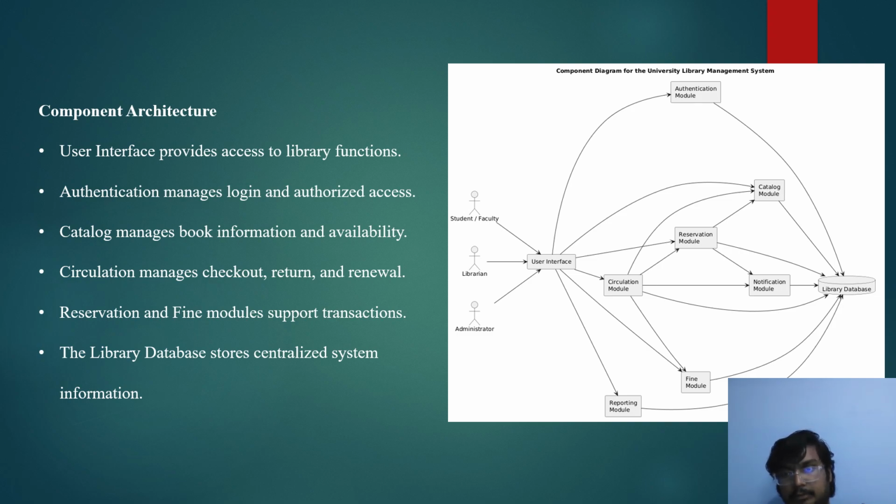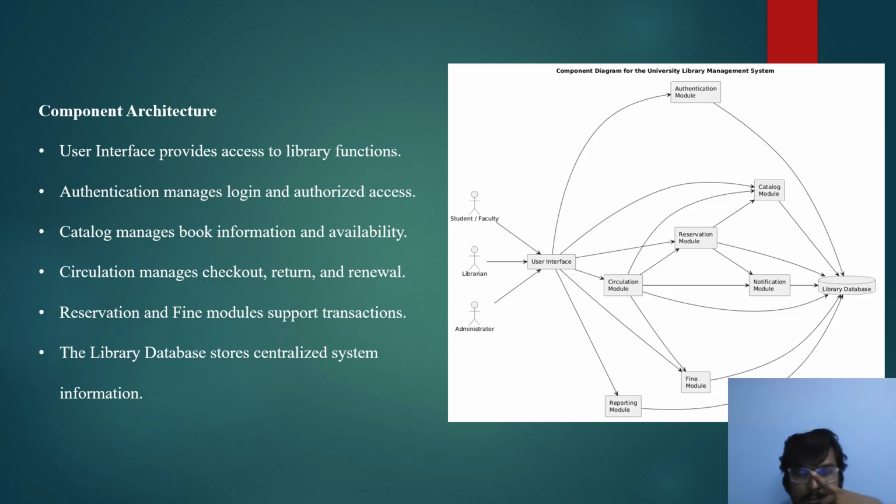Everything is linked to the library database and user interface. After the authentication module manages login and authorized access, the catalog manages book information and availability, circulation manages checkout, return and renewal, and the reservation and fine module support the transactions. The library database stores centralized system information.